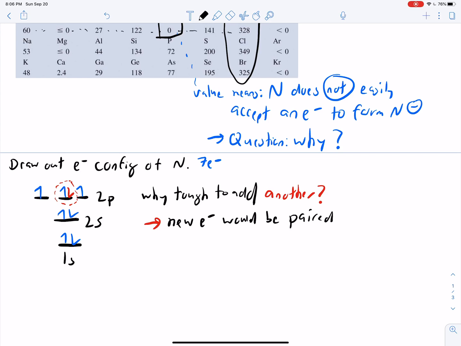That gets at one of the fundamental interactions we want to be really mindful of, which is that there is electron repulsion, because negatively charged things repel one another.